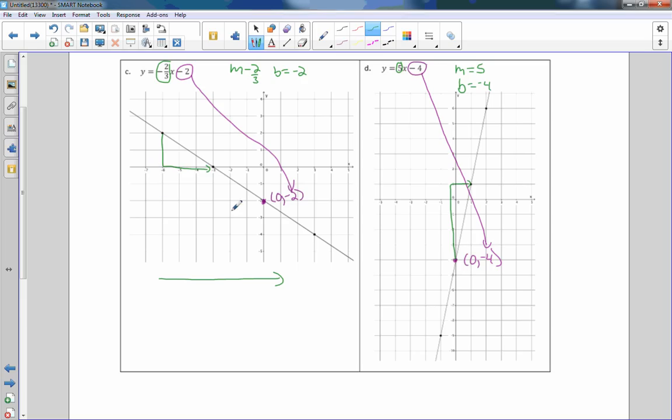So as we're going to the right, this thing is decreasing. It's going down, so that's a negative slope. As I go from left to right, this is going up. As I go to the right, it is going up. So that's a positive slope. So negative slopes decrease from left to right, and positive slope lines increase from left to right.